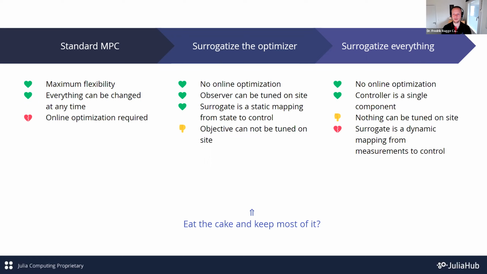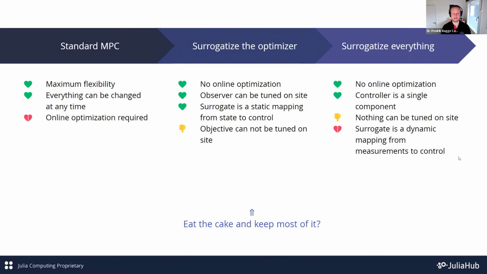But the broken heart here is that the surrogate is now a dynamical system. Previously, it was a static mapping. And that has a lot of quite severe implications for the training of such a surrogate. The number of inputs to such a surrogate absolutely explodes compared to the middle case here.